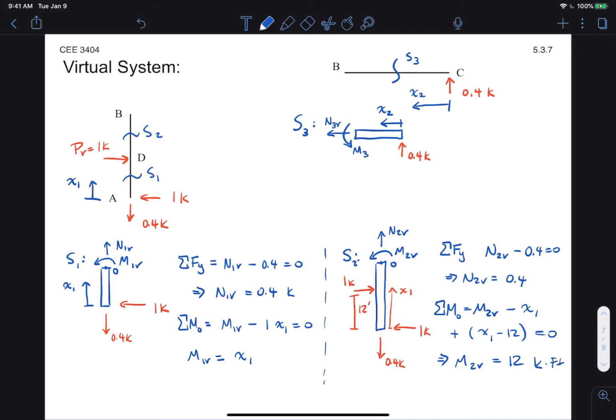That's really what's important. So solving for the sum of forces in the y, we get the axial force to be 0. And solving for moments, we get M3V equal to negative 0.4 times x2 kip feet.